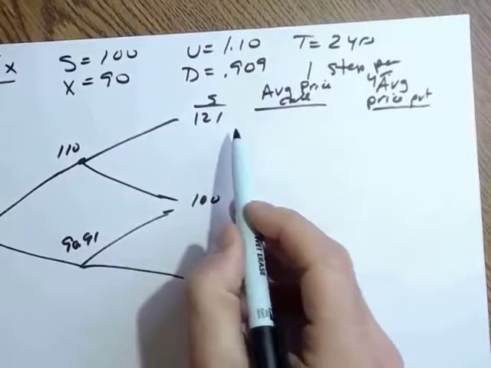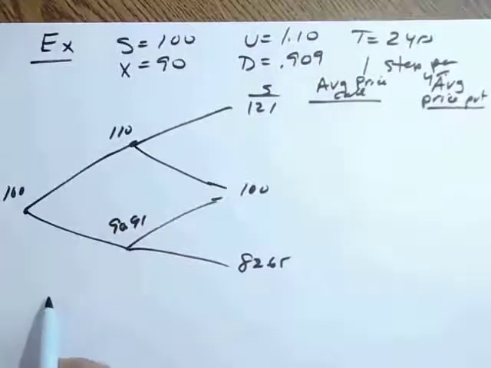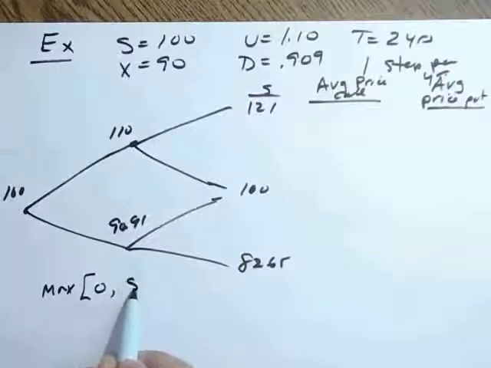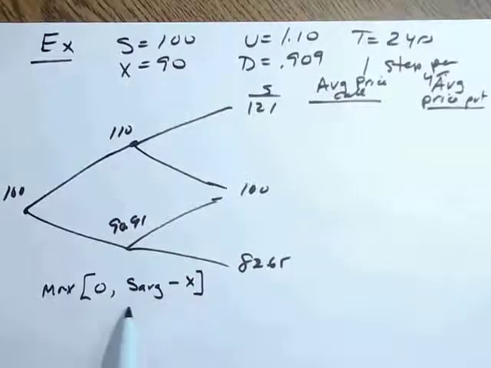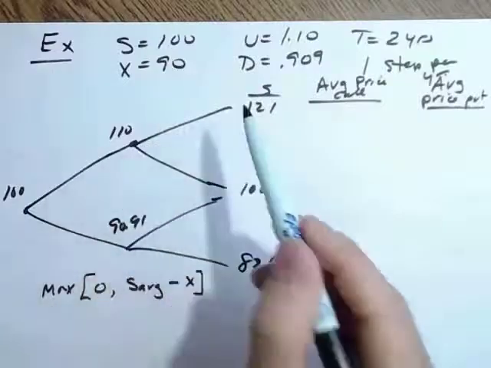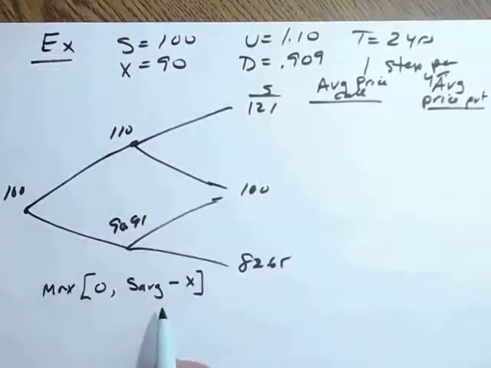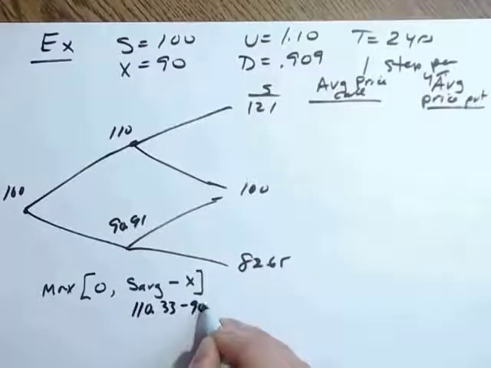So here, let's take a look at the calculation. Remember, the formula is going to be the maximum of 0, or the stock price average minus the strike. What we need is the average of the stock price here, here, and here. It turns out that average stock price is 110.33, and the strike is 90.